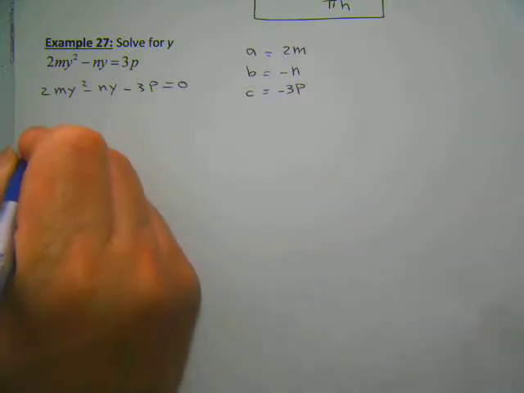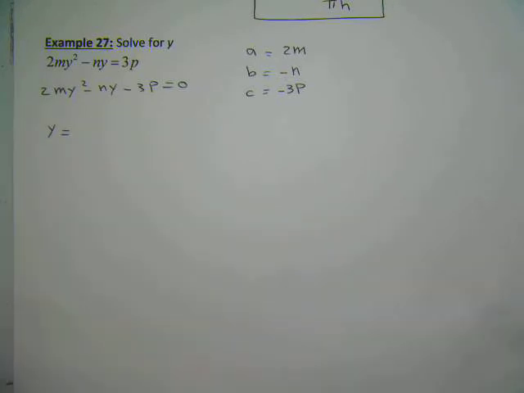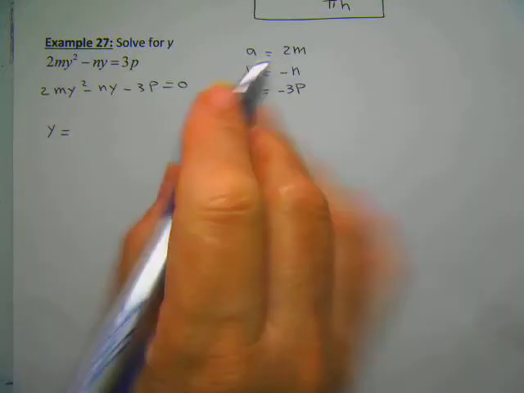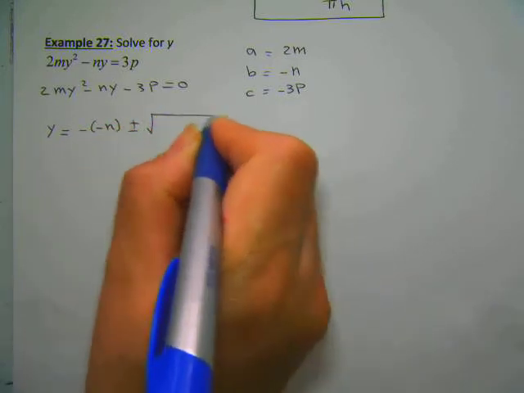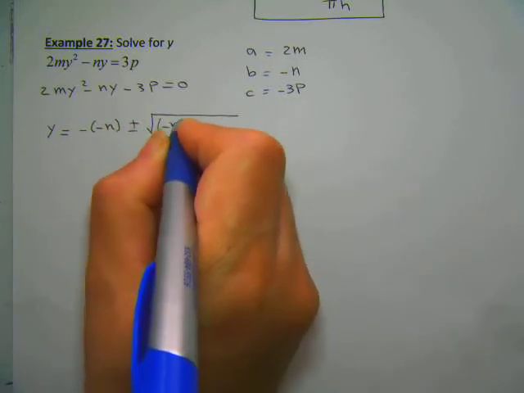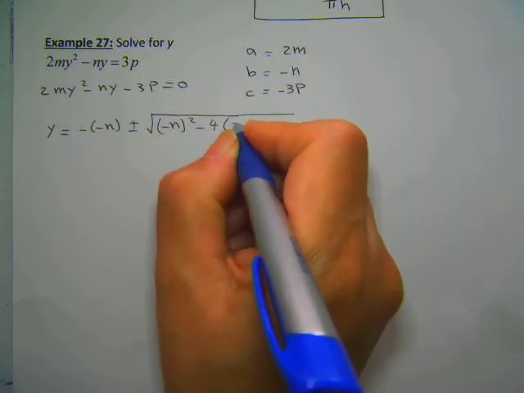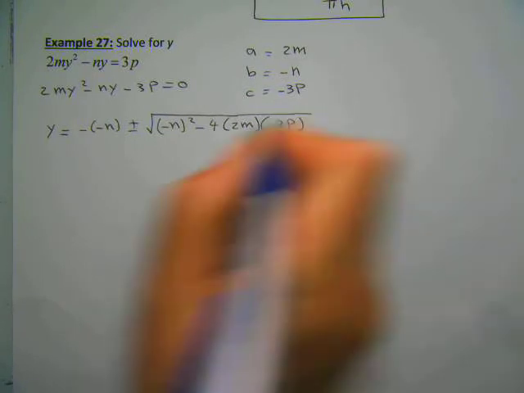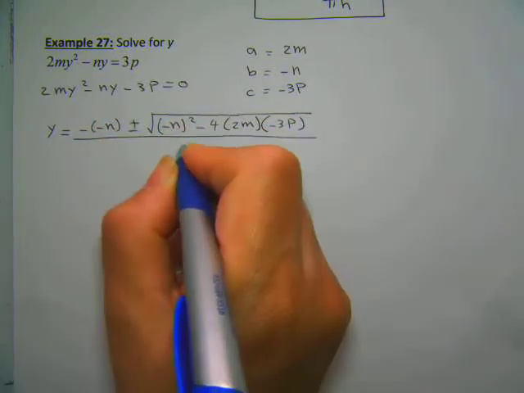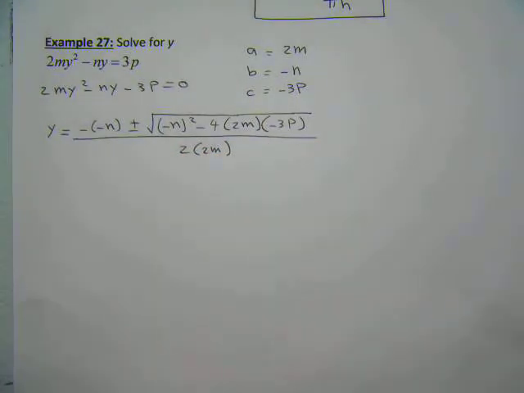So now let us put this all together. So y is equal to negative b, negative n, plus or minus the square root of negative n squared minus 4 times a times c, all over 2 times a. So there's going to be a limit to how much we can simplify, obviously.